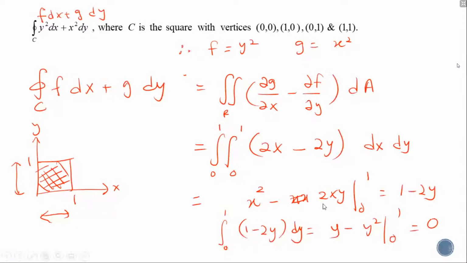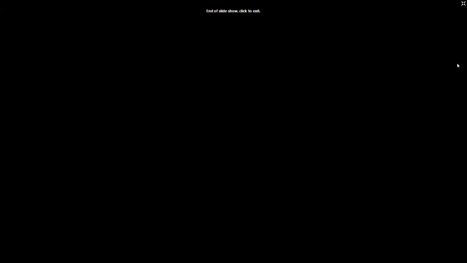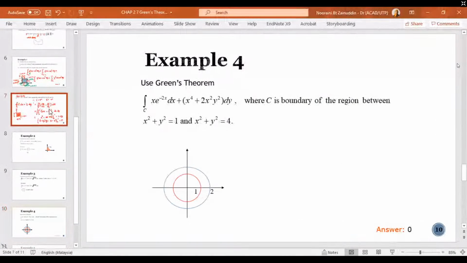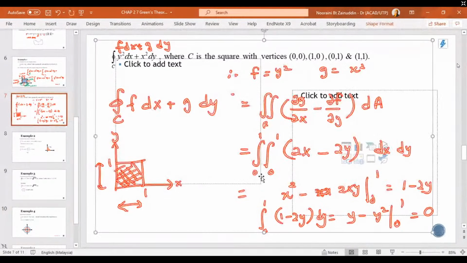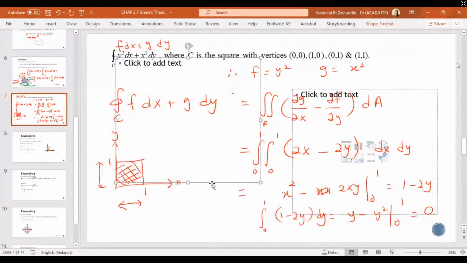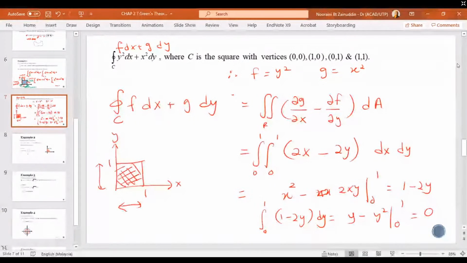That is if you apply Green's theorem. You need to know which one is your f and which one is your g. Function f is the one with the dx, function g is the one with the dy.